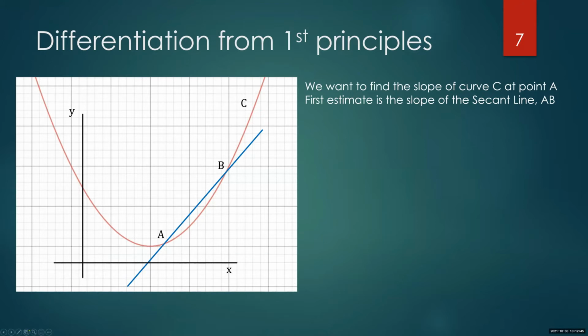We want to find the slope of the curve at this point. Our first estimate is to draw a line, the secant line AB, and a secant line is just a line that cuts through a curve like this one does.